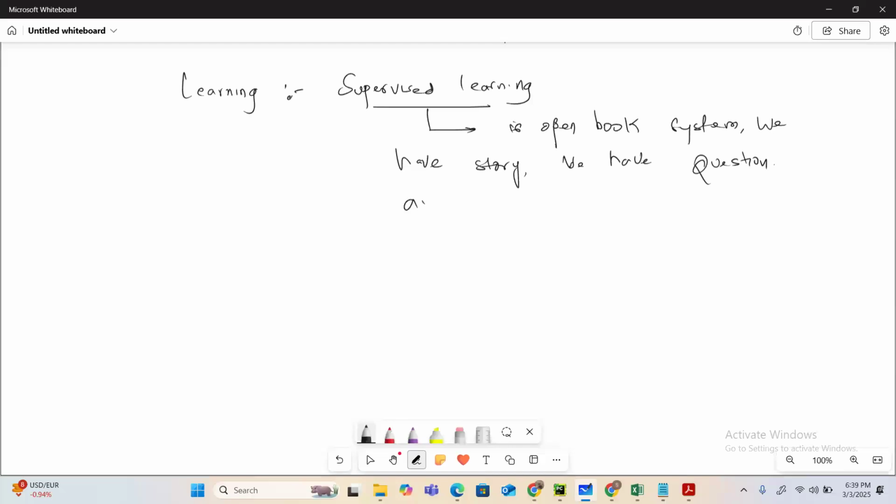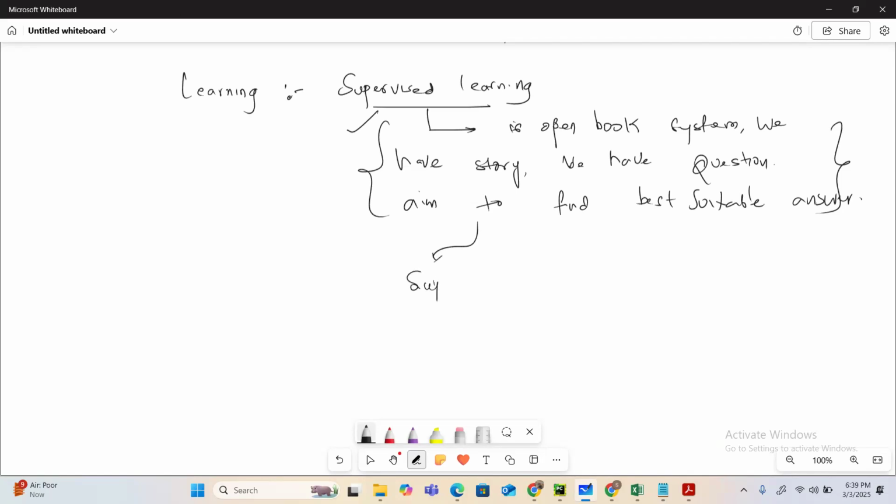Our aim is to find the best suitable answer. It is a kind of open book system. You have both questions and answers. Technically speaking, supervised learning is data with labels.